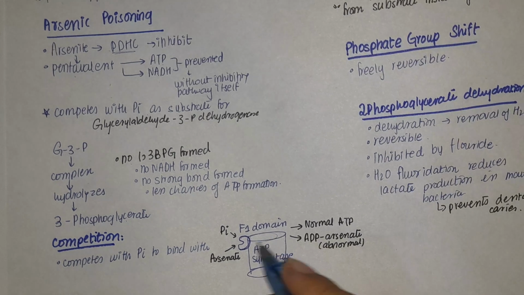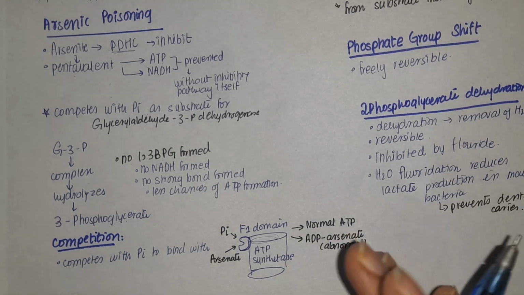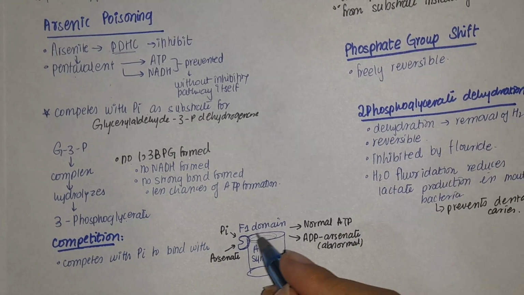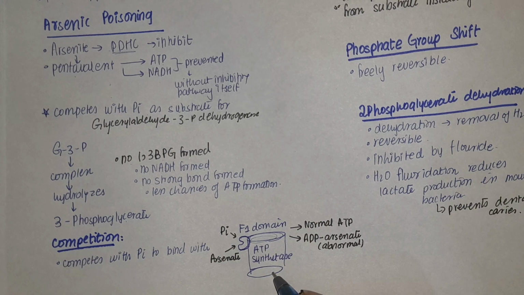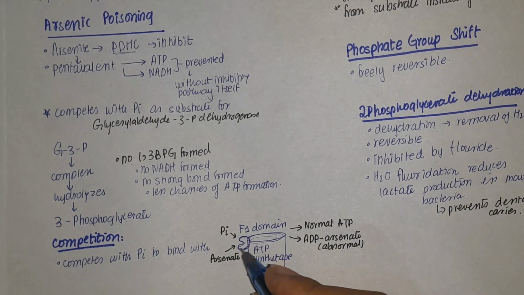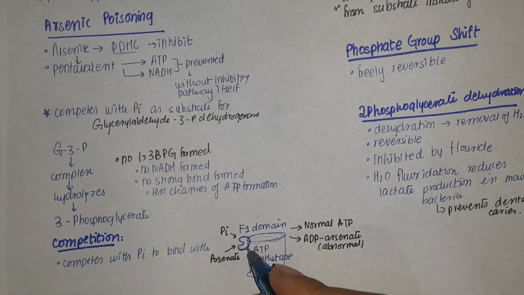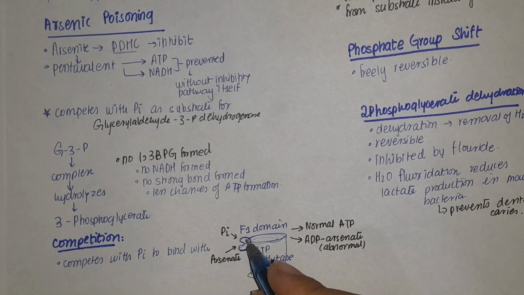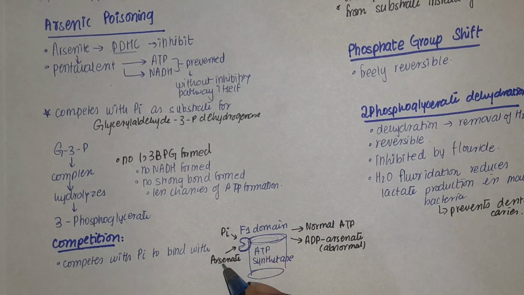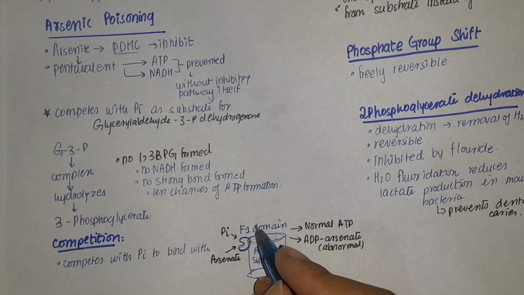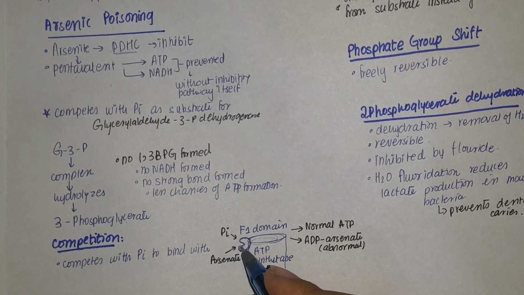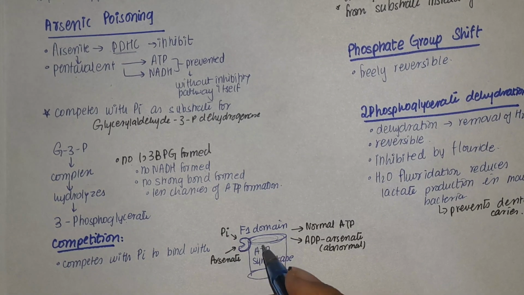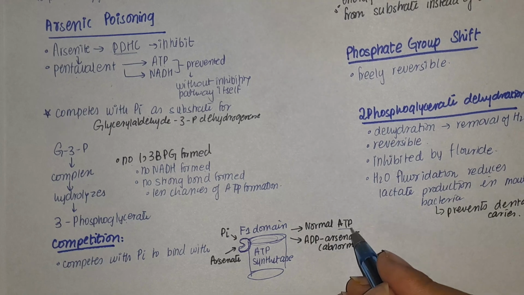But now, how does it compete with inorganic phosphate? Firstly, it goes to this ATP synthase. ATP synthase has the F1 domain. At the F1 domain, we get inorganic phosphate. So this arsenate competes with inorganic phosphate to attach to this F1 domain. If inorganic phosphate was going to come and attach to this F1 domain, we would get normal ATP.